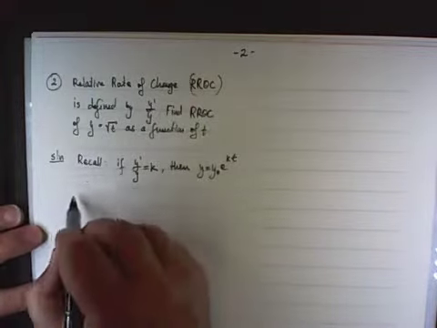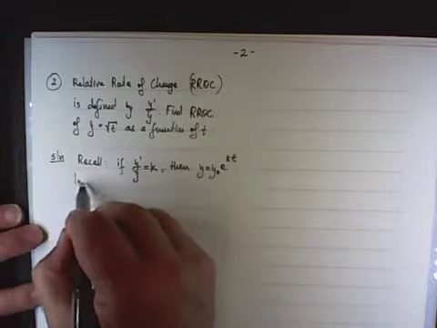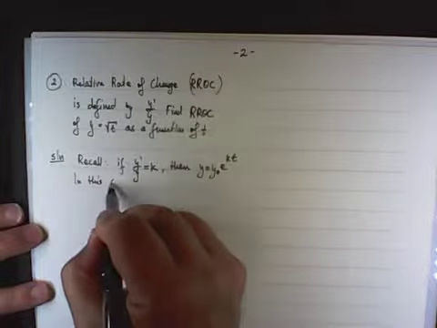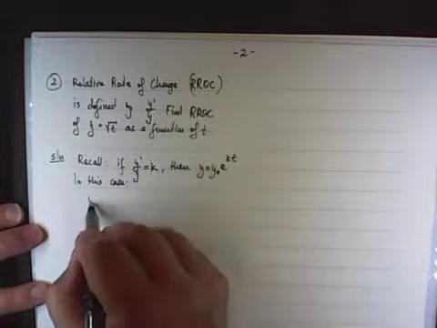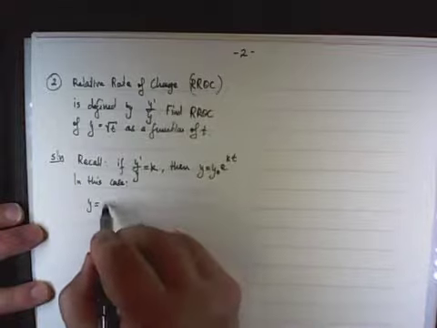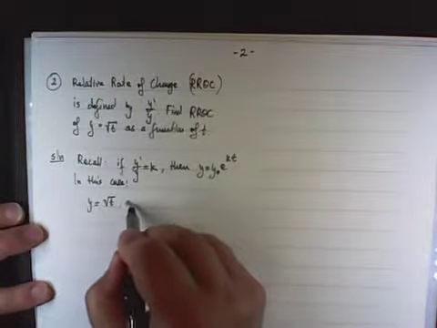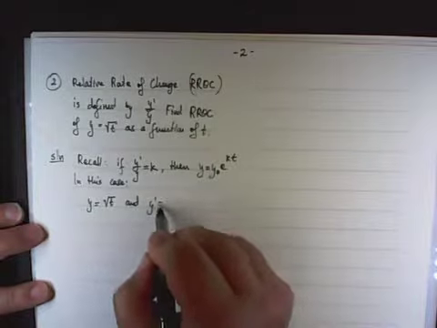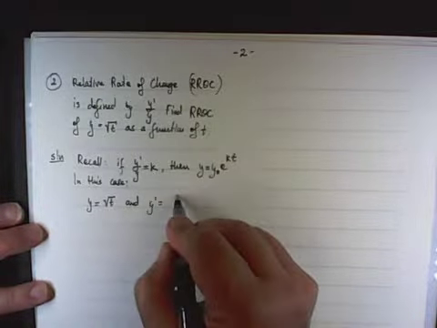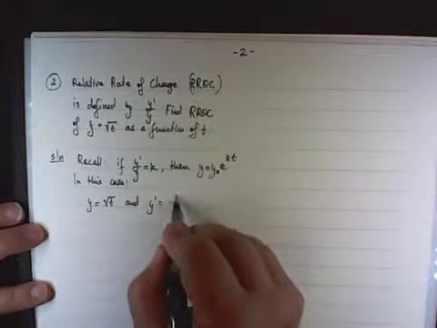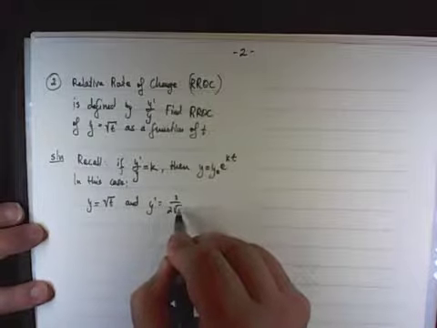So in our case, we have the following. Y equals the square root of t, and y prime equals what? The derivative of square root of t is 1 over 2 square root of t.